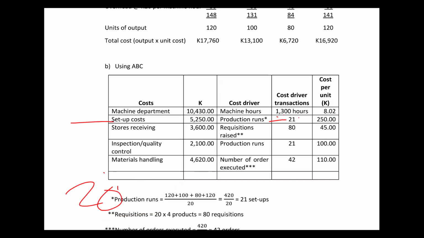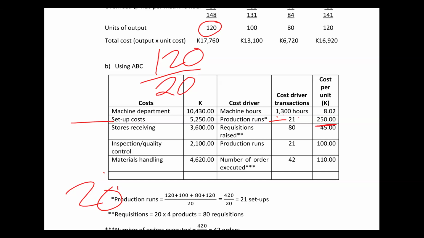So the units for A, we are given that they are 120 for product A. So 120 divided by 20 units will give us the number of runs for A. Then times the cost per run, which is 250.